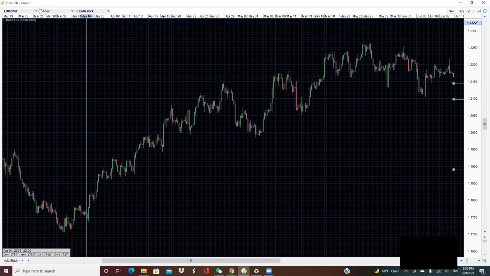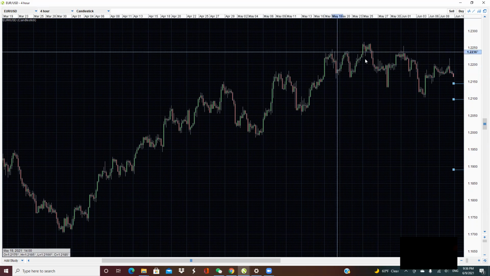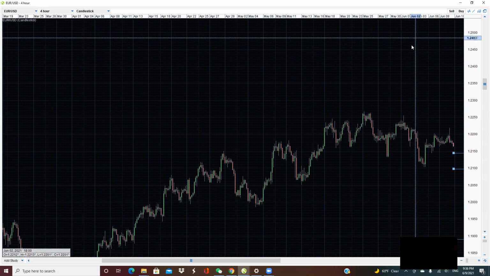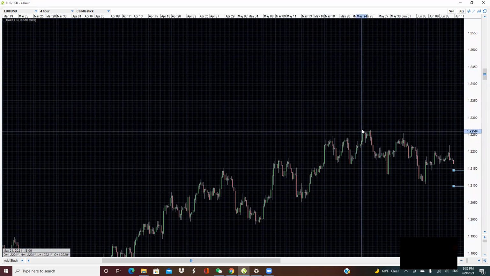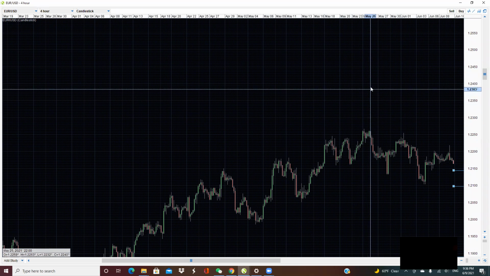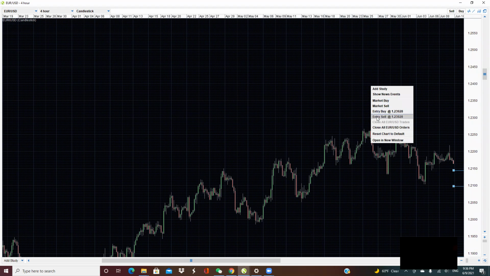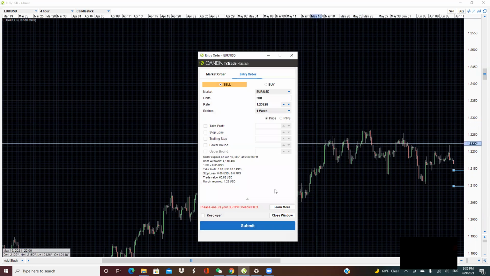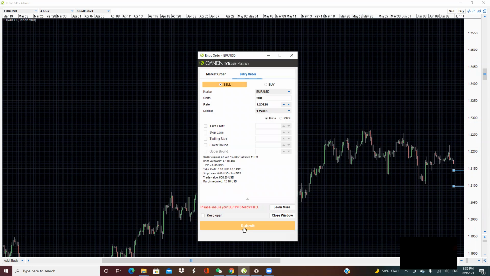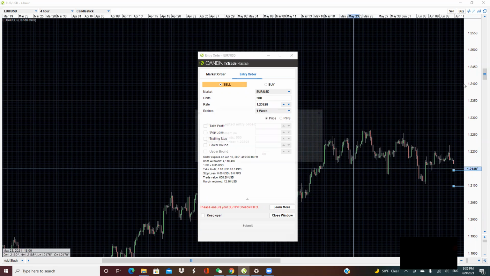Move it. And then we want to find a price that's way above here, maybe here. Then we'll do a 500 entry. Let's see, entry costs $12.